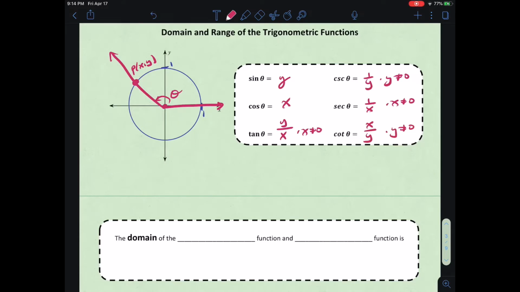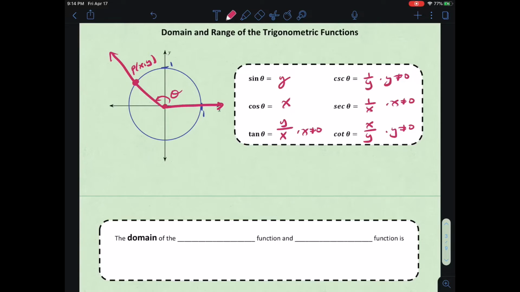And so what you should notice here is that if I were to give you a random angle, you can always find the point on the unit circle that corresponds to that angle, right? So cosine of any angle will always exist because you'll find a point on the unit circle that corresponds to that angle, and sine of any angle will exist.